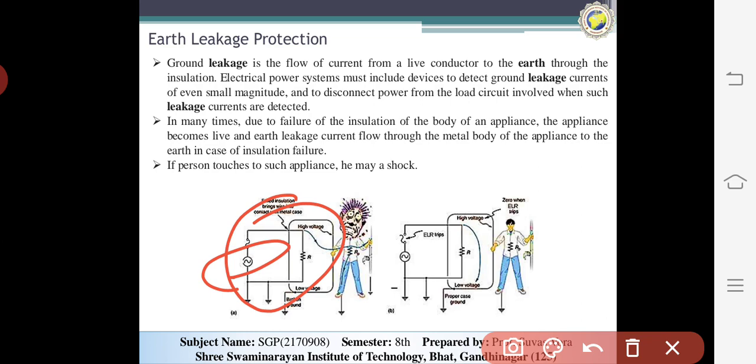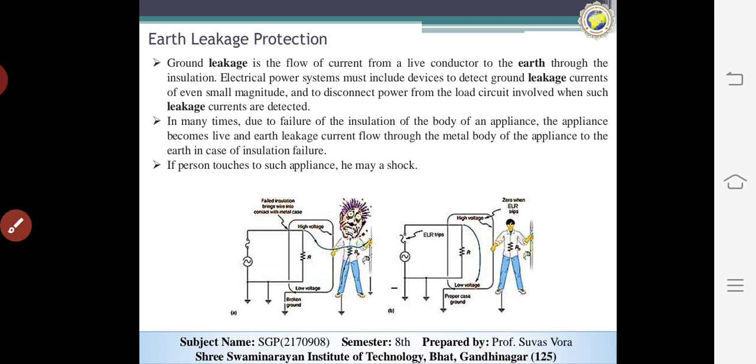If a fault occurs in any equipment and we touch it, the fault current passes through our body to the ground. A heavy current passes through our body and a shock occurs.